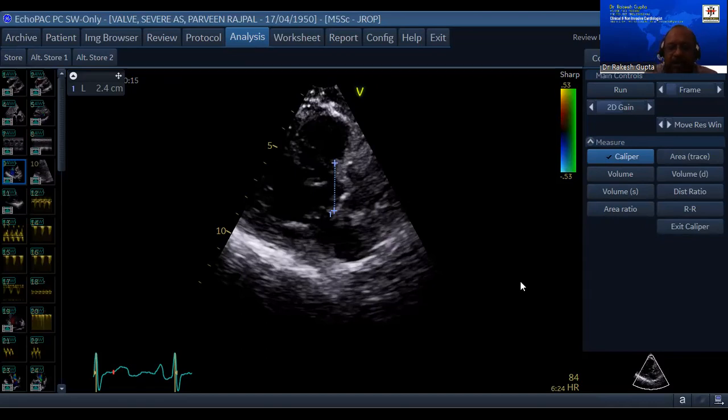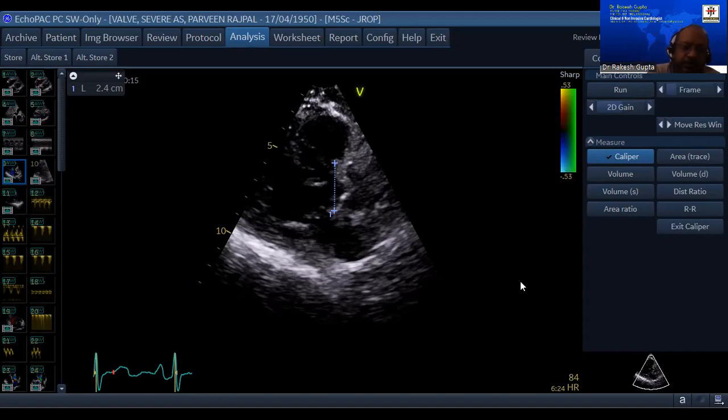Pi r squared will give you area. Area into VTI will give you stroke volume. Correct? Yes. Stroke volume divided by aortic valve VTI will give you aortic valve area. Is everybody clear about it?